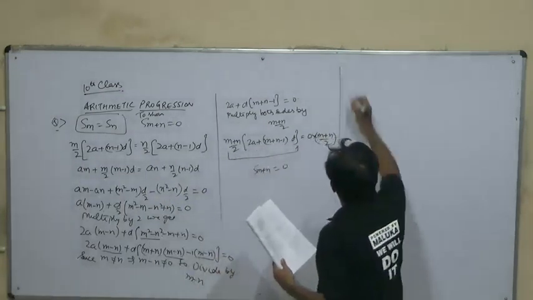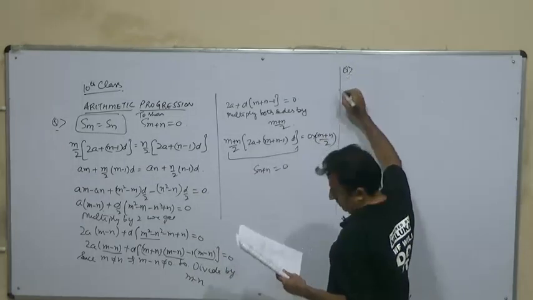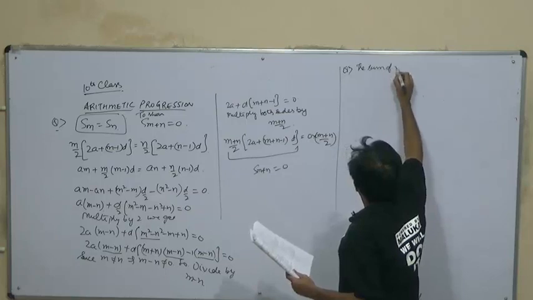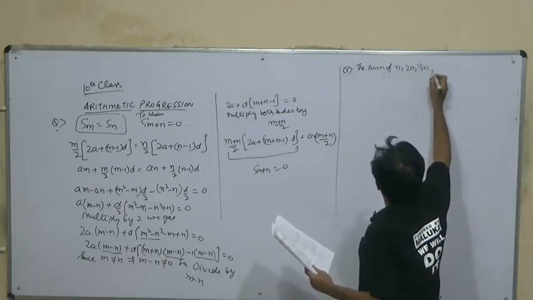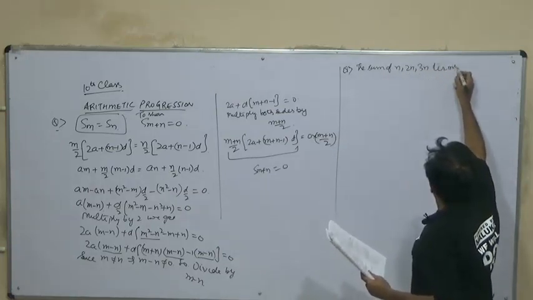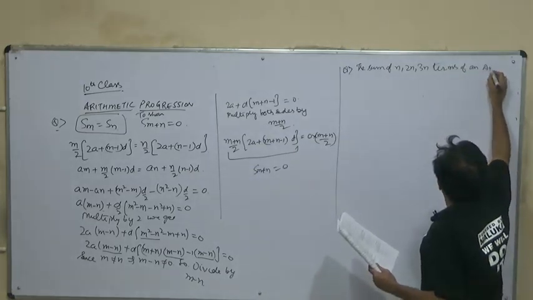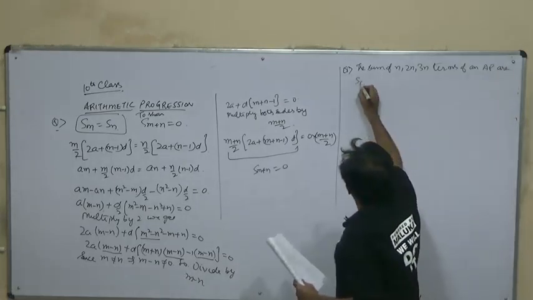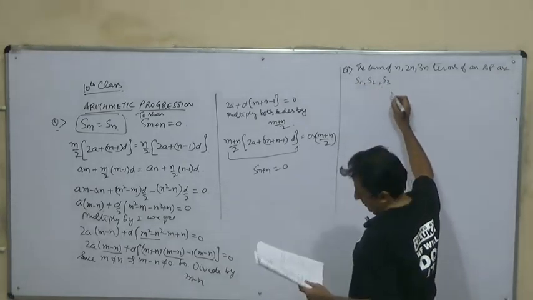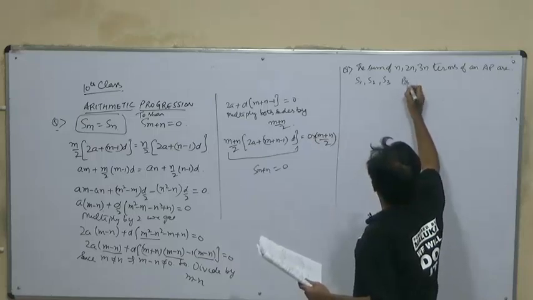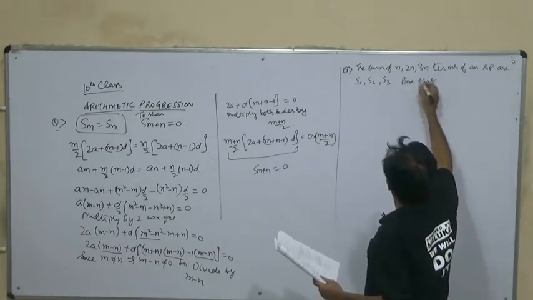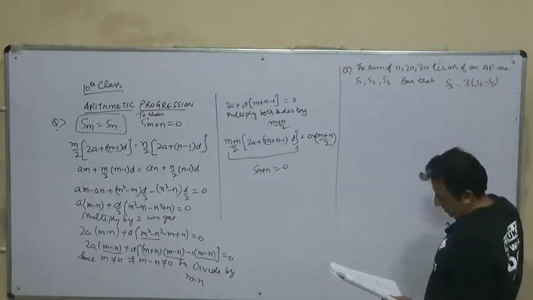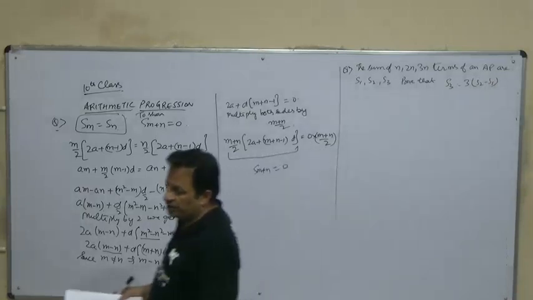Next question is, the sum of n, 2n, 3n terms of an AP are S1, S2, S3. We want to prove, we want to show that S3 is equal to 3 into (S2 minus S1). So this we want to prove.